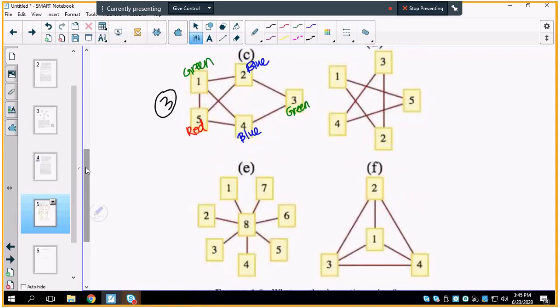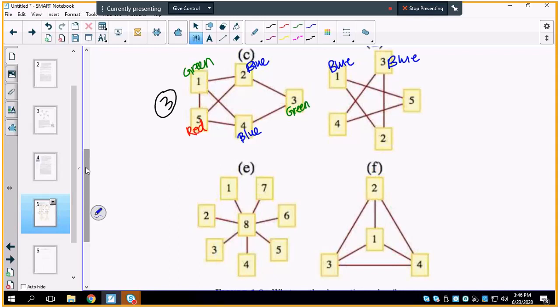So if I look at graph D, if I give vertex 1 a color, then I know that I need a different color for vertex 2 and a different color for vertex 5, but I should be able to apply the same color to vertex 3.